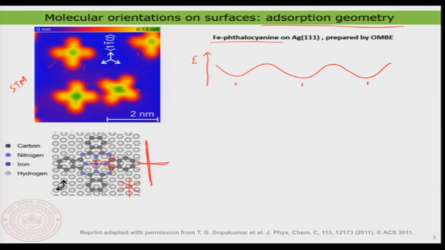If you gently shift the molecule and move the center atom to the top site, you will find another minimum, or if you move the center atom to the bridge site, you will find another minimum.